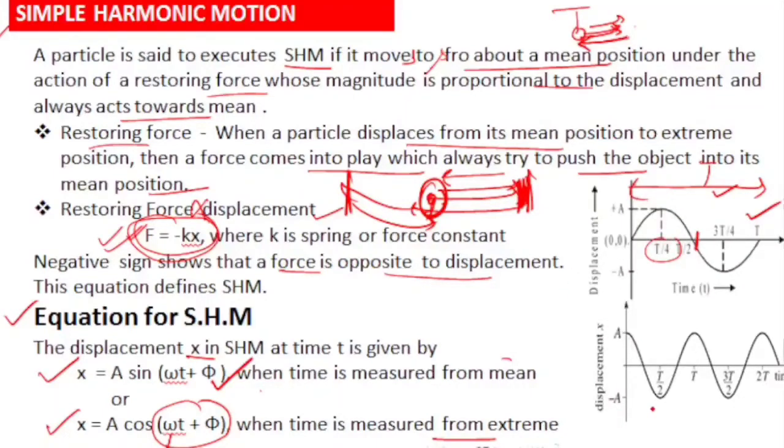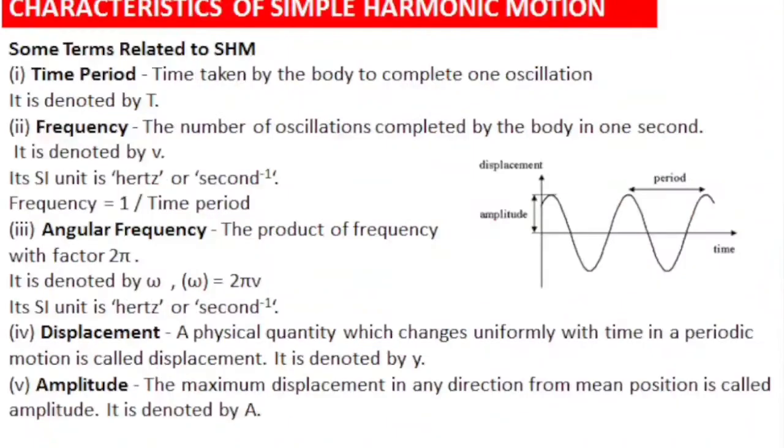This is the graph of a cos omega t plus phi when time is measured from the extreme position. It starts from here and completes one cycle after a time interval T. So you can use any equation, a sin omega t or a cos omega t, the answer is the same, right? After this, I am going to discuss these different terms: amplitude, angular frequency, phase, initial phase. So I hope it's clear to all of you, right?